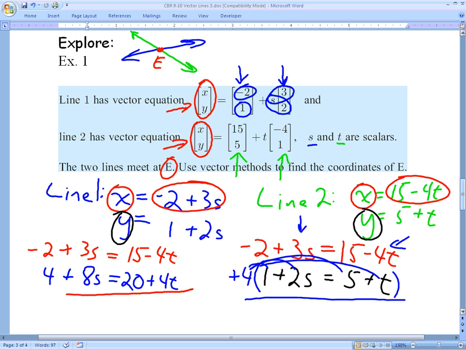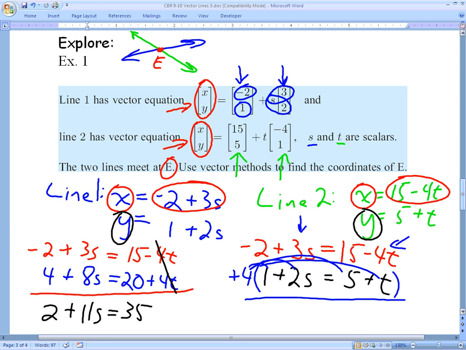And now I just get to add them together. The -2 and the 4 become 2. 8s and 3s becomes 11s. 15 and 20 becomes 35. And the -4t and the +4t cancel out, which is exactly what I wanted to have happen.